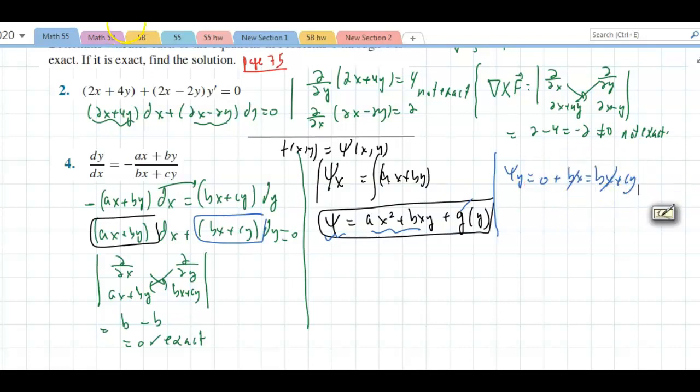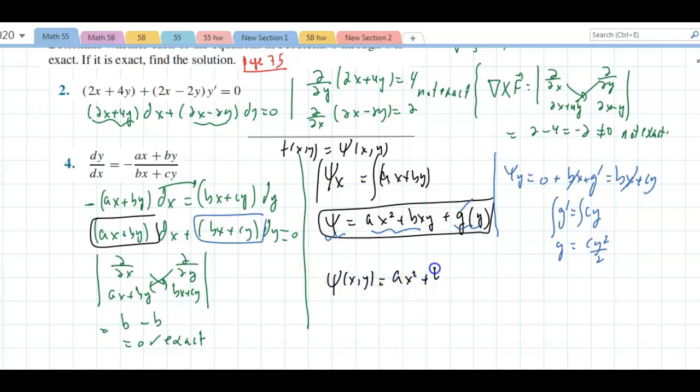Plus g prime, which is now the derivative because it turns on one unknown. So g prime equals cy, and if I integrate with respect to y, g will equal cy squared over 2, and there it is. So my solution, phi of xy, or f of xy, is ax squared plus bxy plus cy squared over 2. And there it is.